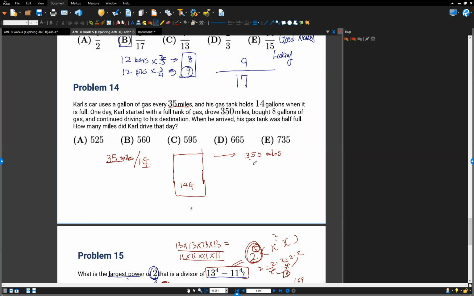So gas also what? 10 gallons, 10 times. But he got only what? 4 gallons left. Yes? 4 gallons left. All right. But he bought 8 gallons already. Now this time he has 12 gallons in his gas tank.